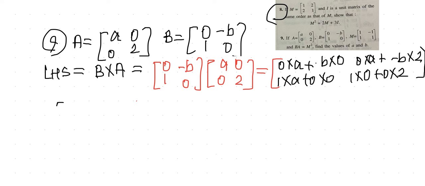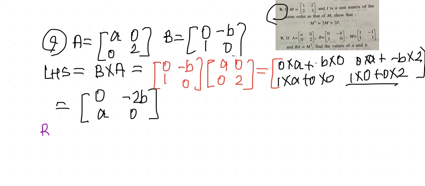Okay, so how much is this going to be equal to? 0 into A is 0, so this will be 0, and here I'll be having minus 2B, and then here 1 into A is A, and this particular term is 0. So you are getting LHS is equal to this much. And now we'll be moving to the right hand side. So RHS is equal to how much? It is equal to M square.